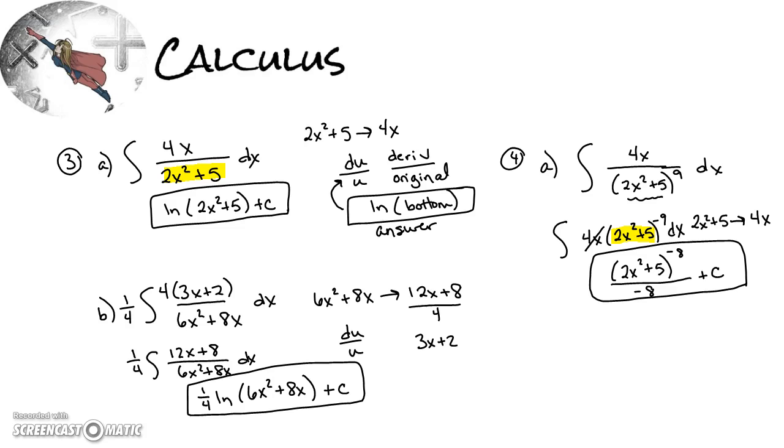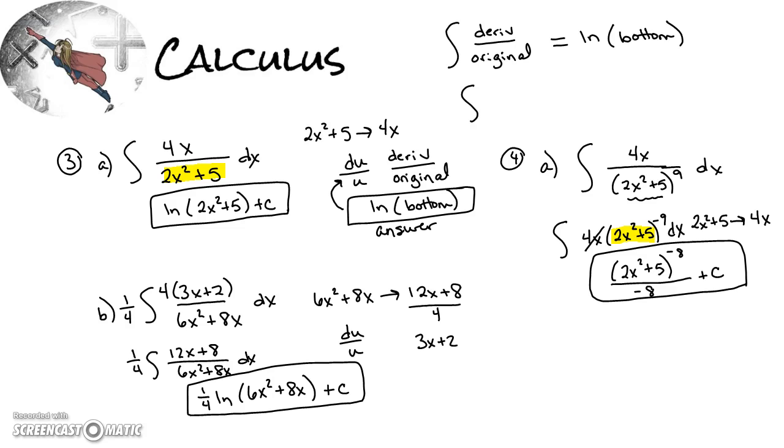Okay, so instead of doing one more problem, let's just summarize what we did on this second page. Basically, if you have the derivative of something on the top over the original function, and that's an integral, then the answer will be the ln of the bottom. So be on the lookout for those types.